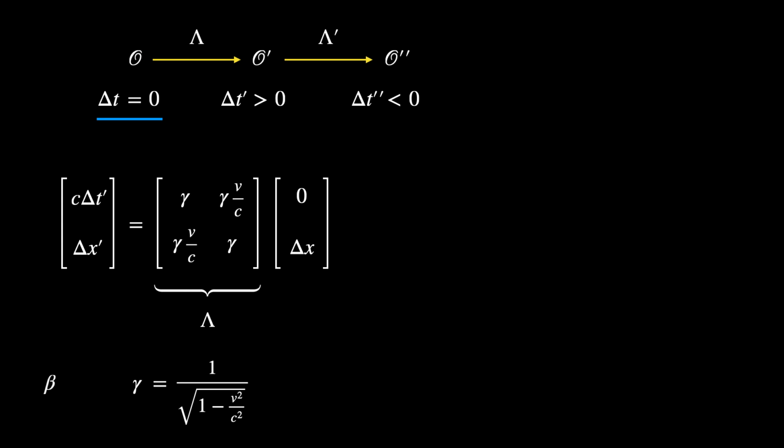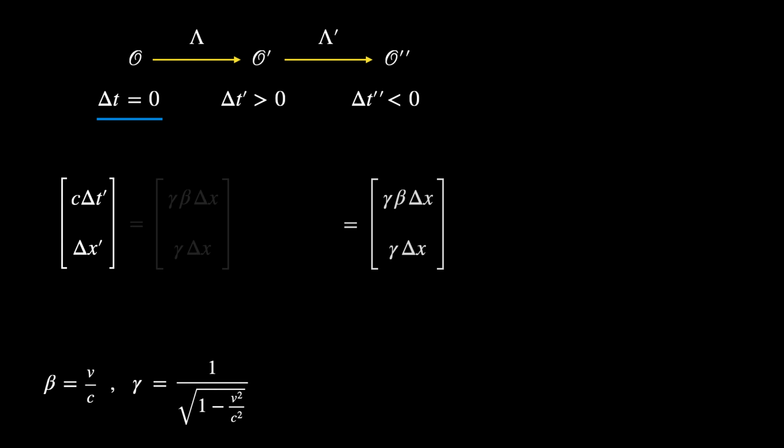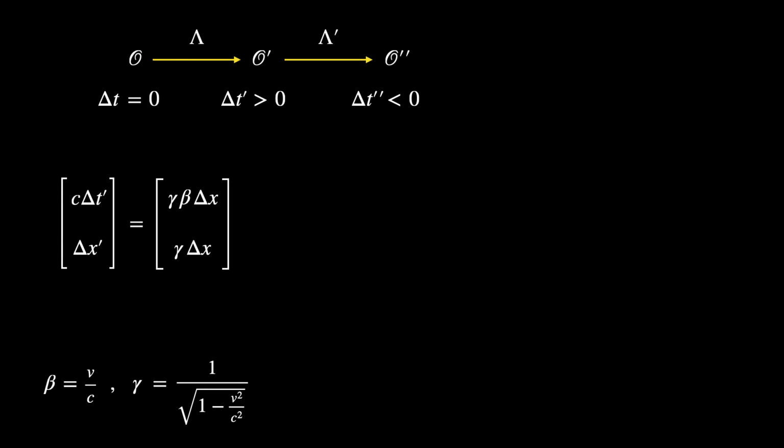Here, we introduce beta as the velocity ratio to keep things compact. Doing the multiplication, we have... we require the time displacement measured by O' to be positive.